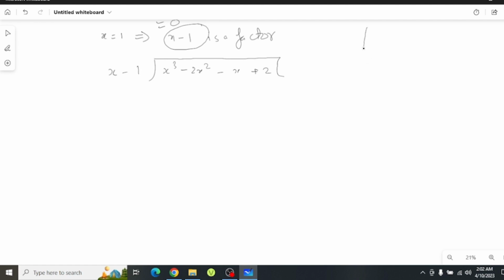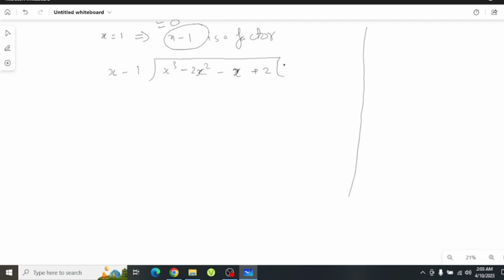I will not explain the full concept of this long division. If you want to see all these steps, you can watch the part 1 of this video where I have explained all the steps of the long division method. To save our time, I will just divide the polynomial with x minus 1.